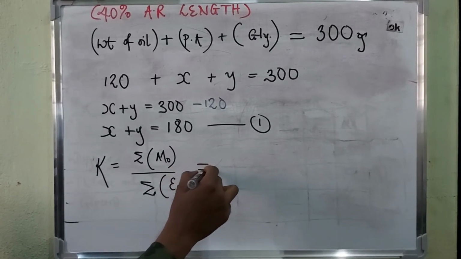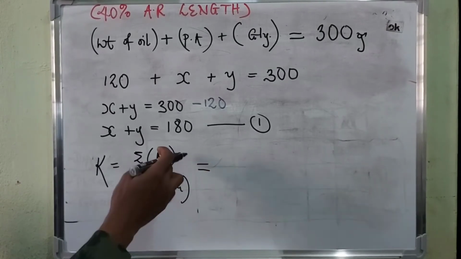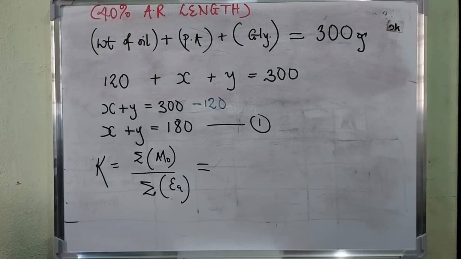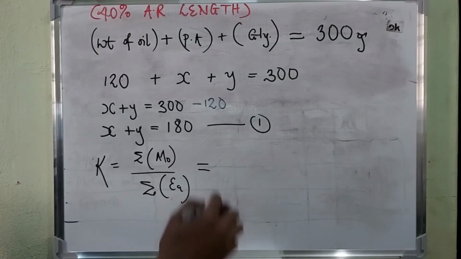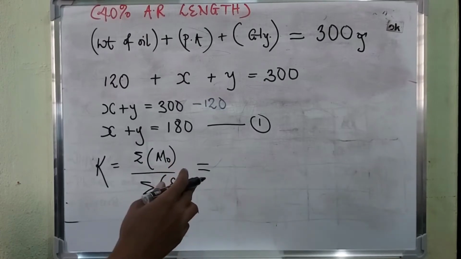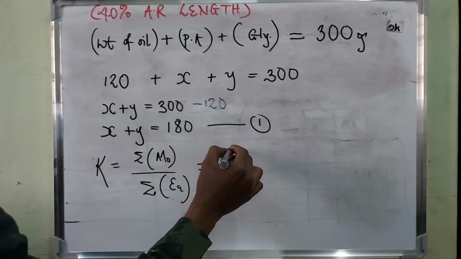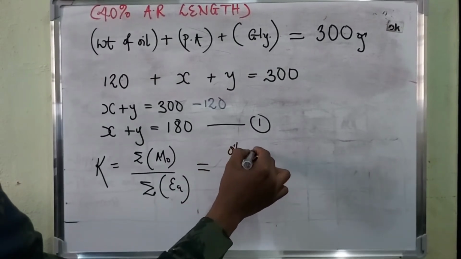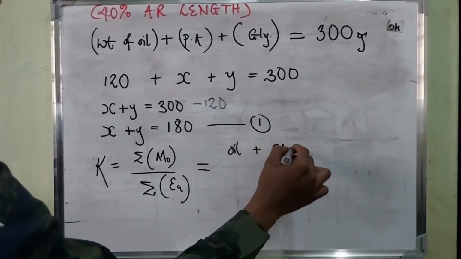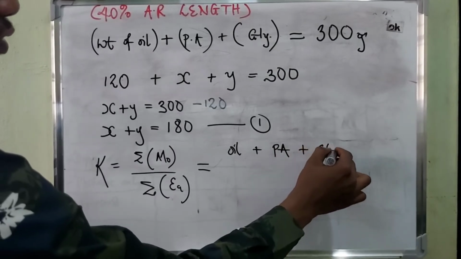We know this relationship, right? And we know what the number of moles are. From our previous table, we have it for the individual ingredients, for the oil, the phthalic anhydride, and that of the glycerol.